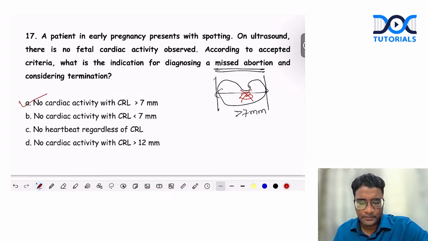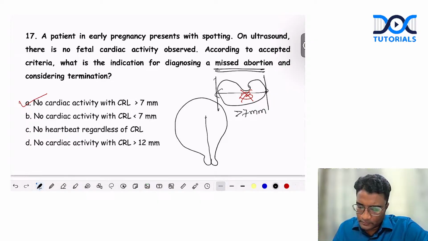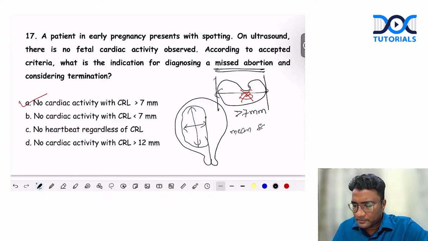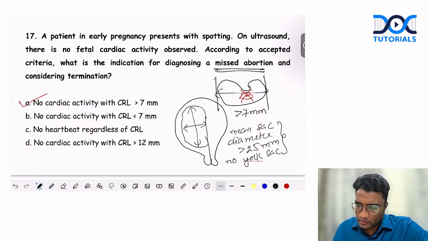This is the answer. Or if you have a mean sac diameter more than, how much? More than 25 mm and no yolk sac. This is blighted ovum.